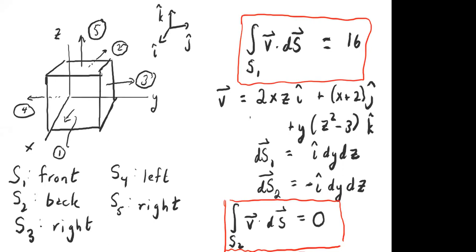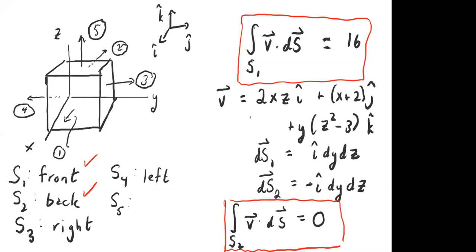So what I want to do is continue with this problem. I've already tackled surface 1, surface 2. I need to do S3, the right-hand side of the cube, S4, the left-hand side of the cube, and S5, the top. Sorry, that's a typo.